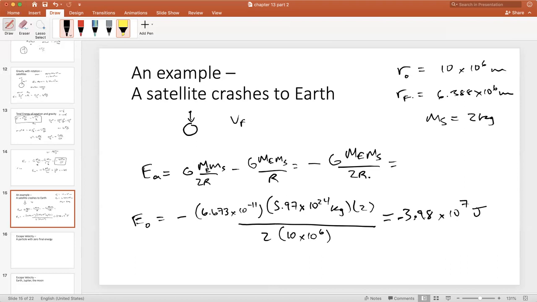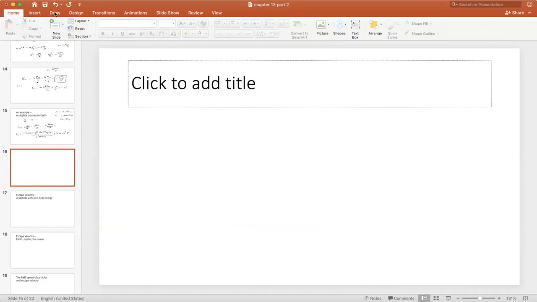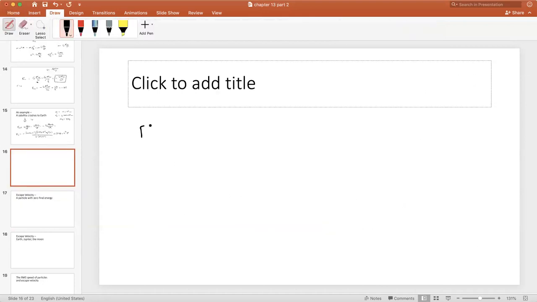And then I want to know what the final energy is. So how do we find the final energy? Well, we know that at the final energy, R is going to be R of the Earth. So R final is R of the Earth, which is 6.388 times 10 to the 6th meters.